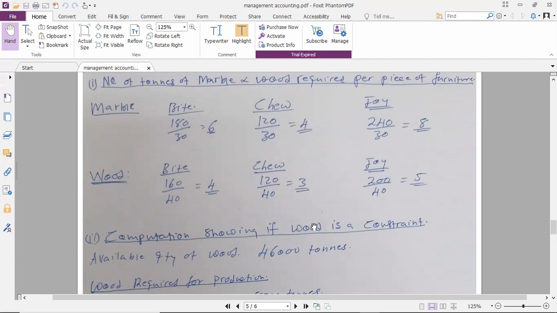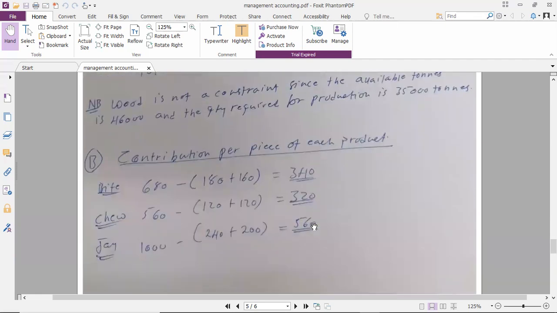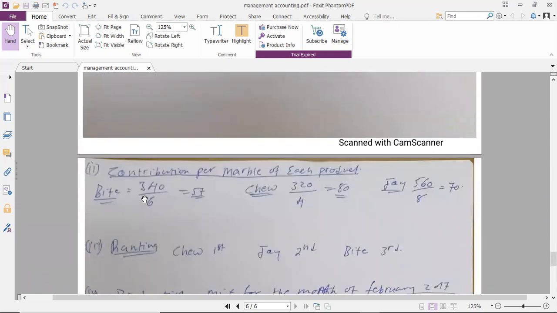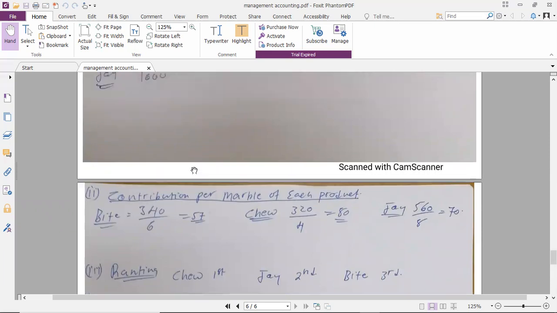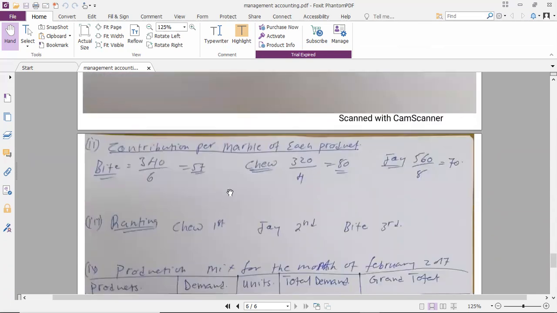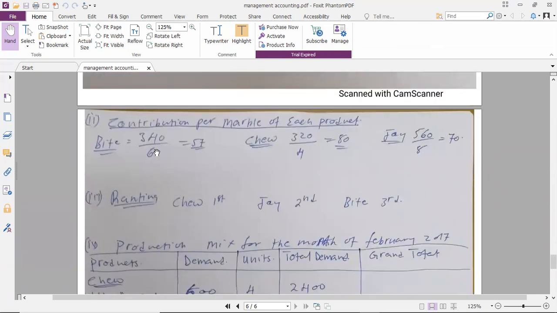And so if I want to find the contribution per marble, then I divide the contribution of each product by the tons per unit. So the 340 I had here divided by 6 will give me 57. I think about 56.6667. I better round it up to 57. Chew is 320 divided by 4, gives you 80. Joy is 560 divided by 8, gives you 70.